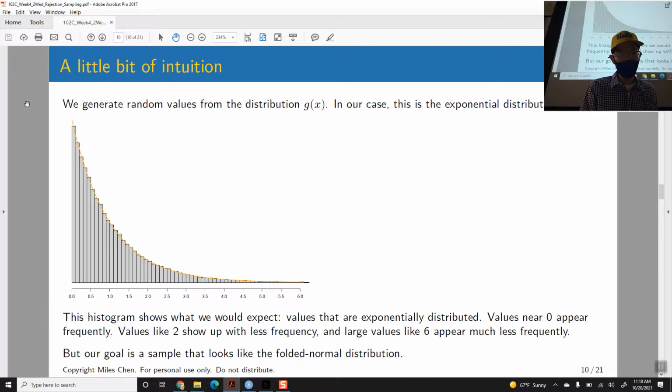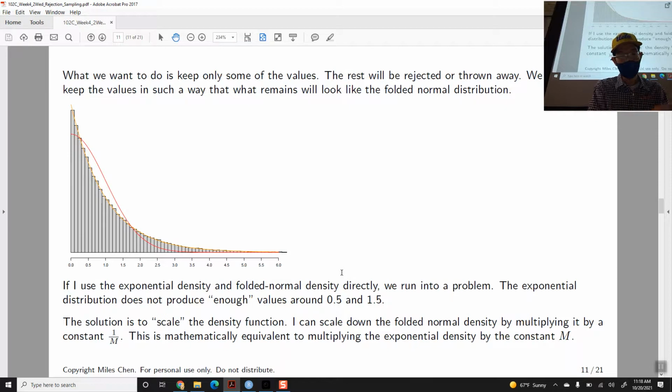And that's what we see: values near 0 appear very frequently, values around 2 show up less frequently, and values around 6 show up very infrequently. But what we want is for the final resulting distribution to look like the folded normal. So here is the PDF of the folded normal.